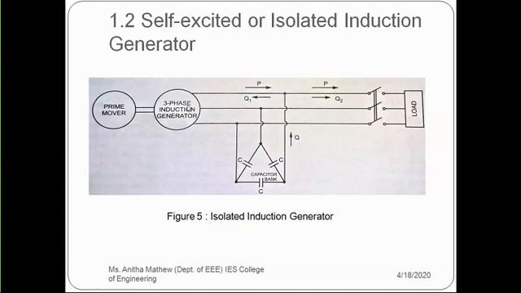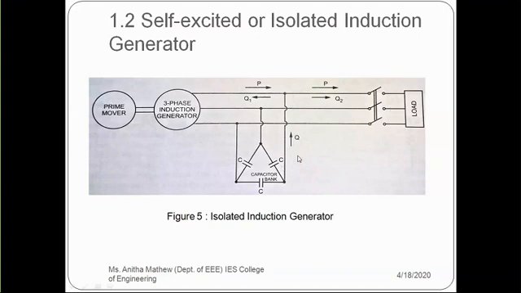the load. Here you can see the three-phase generator is connected to the prime mover, and also it is connected to the capacitor bank and the load. This capacitor bank provides reactive power to the induction generator as well as the load.